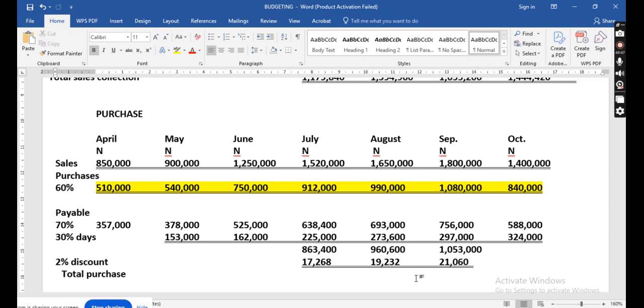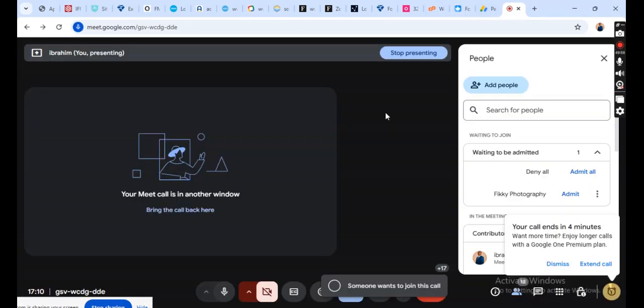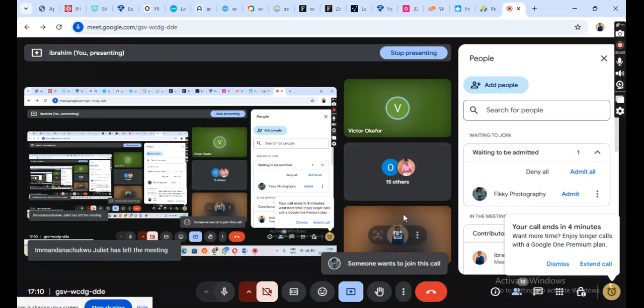Eight, 46,132. We should let the discount... August should be reduced, though. That August should be reduced.